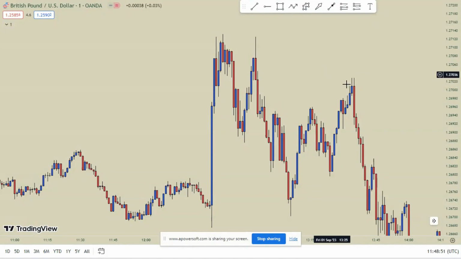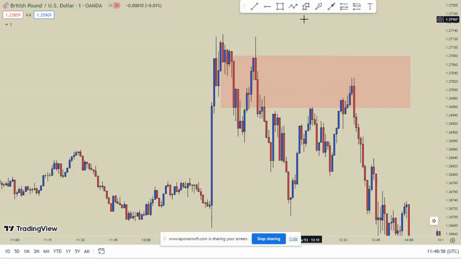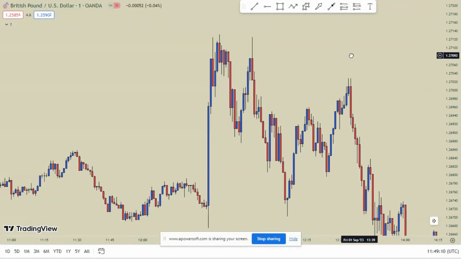If you've highlighted your zone on H4, and then you see a market structure shift on M15, you will be confident to take that entry and ride it to whichever point you've marked out. So that's how they really help.